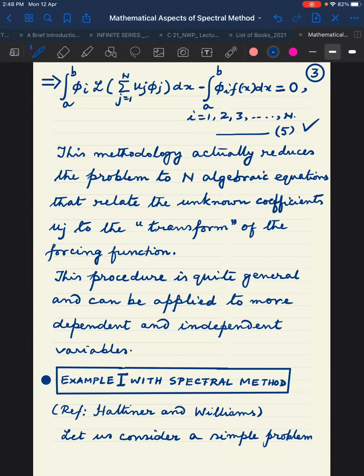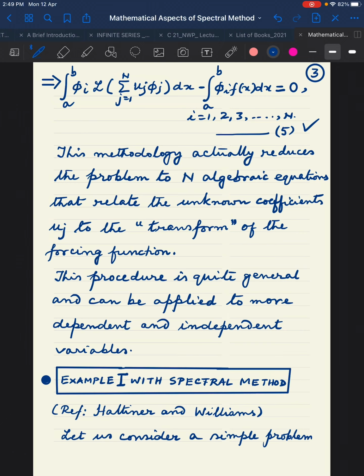I repeat this paragraph. This methodology actually reduces the problem to n algebraic equations that relate the unknown coefficients uj to the transform of the forcing function. From equation 5 it may not be clear to you, but if you take the Fourier transform of fx, as is done in most cases, then you will see that this methodology reduces the problem to n algebraic equations which are easier to solve.